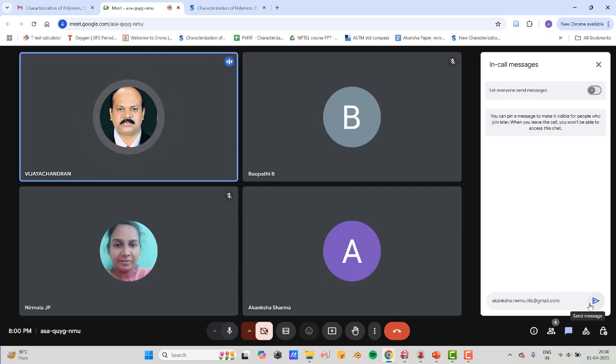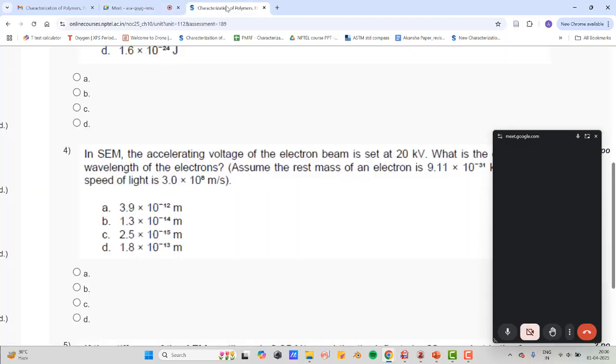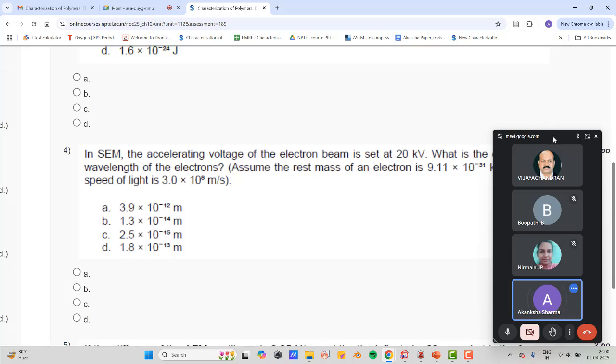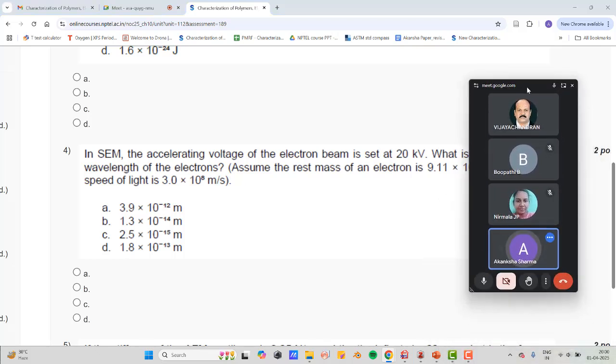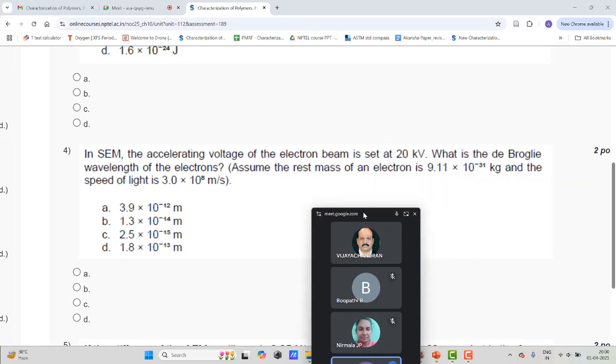Actually, from the de Broglie equation, it is h by mv, so it should be straightforward. But there might be some error in the options. Let me try to solve it one more time, and if I get it, I will share it with you.